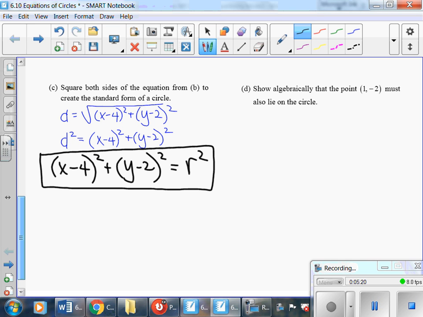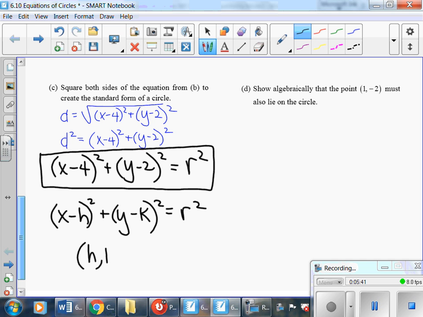Now, in this particular circle that we're just talking about, it would actually be equal to 25 because we know that r is equal to 5. But I just want to keep something in mind here: we have something that looks like this, which is basically the formula for any circle, where (h, k) is the center.